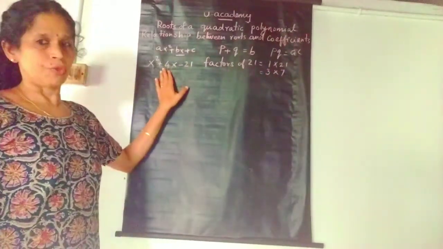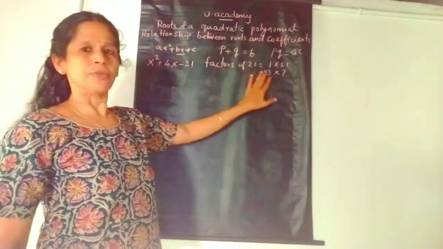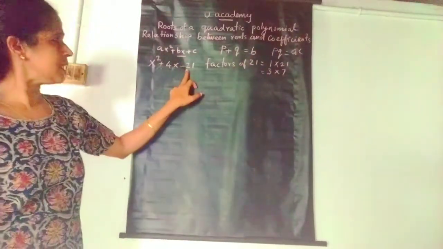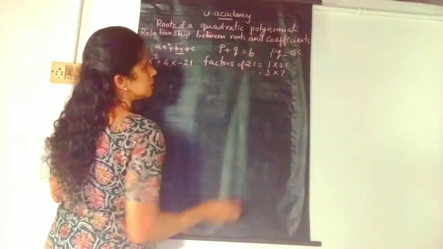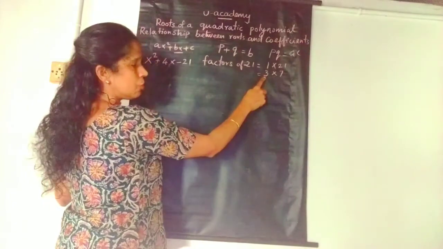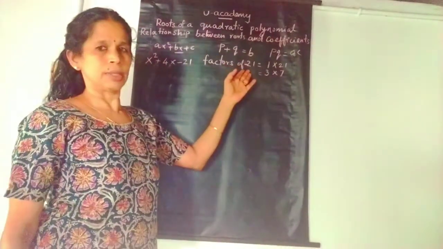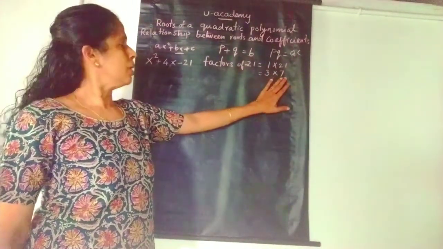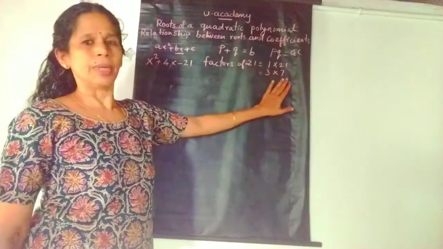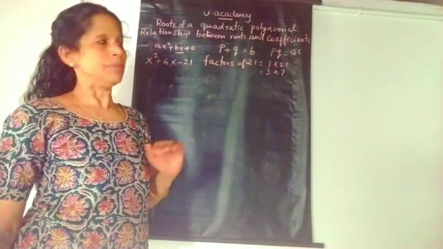But here we need only 4. You can see here, we wrote only the factors of 21. But here the constant c is minus. So since it is minus, either 3 or 7 should be minus here. Then only we can get minus. So we know when you are adding two integers, one positive number and one negative number, we subtract the numbers and we put the bigger number's sign.